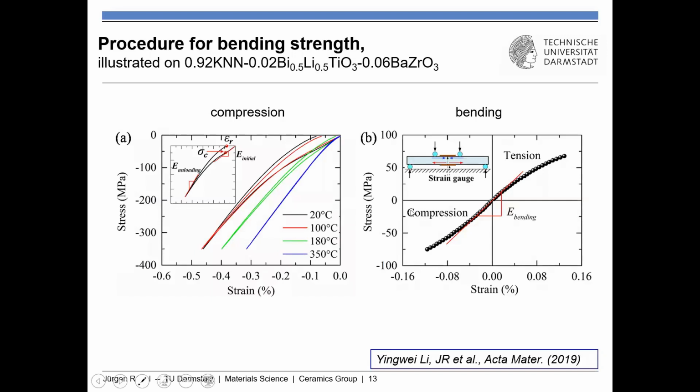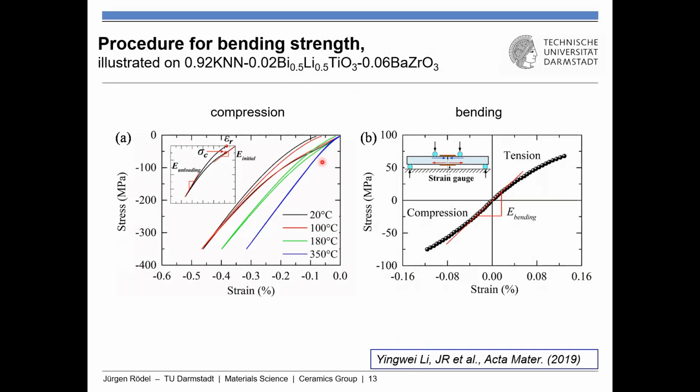So this is then an example on one of the new KNN materials, and this is work by Yingwei Li from Wuhan University. Now this material has this type of stress strain curve. Let's only look at room temperature. Room temperature starts to have a nonlinearity at maybe 40, 50 megapascal.